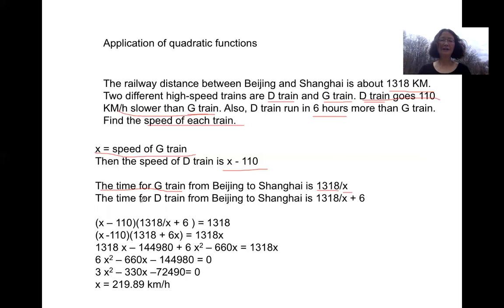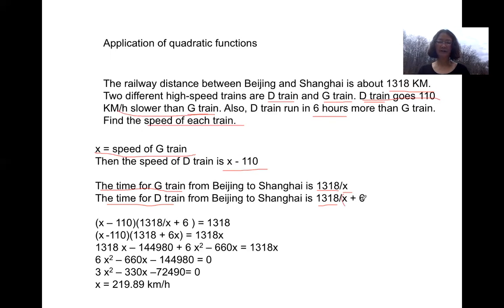You can also figure out the time for the G train, again distance divided by the speed. Let me see. Oh, this one here: the D train runs 6 hours more than the G train.